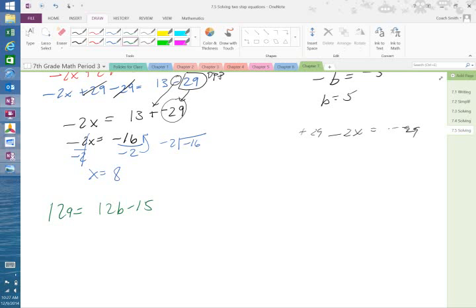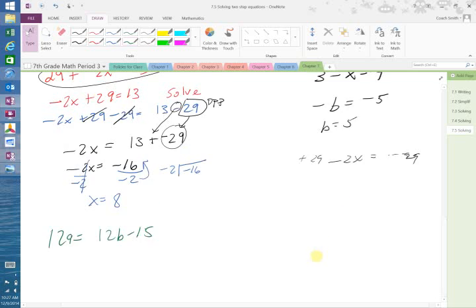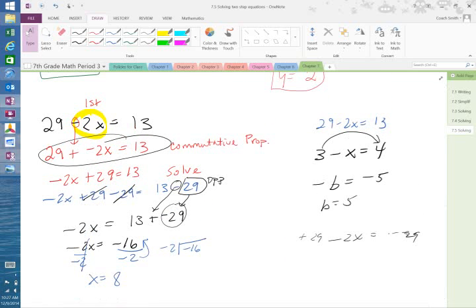Okay, it's only when the variable is listed second, and it's really when it's only listed with the subtraction sign. In other words, if I had this original problem was 29 plus 2x equal 13, you don't really need to do anything there. You can use the commutative property and say 2x plus 29 equal 13. Okay, so those are just two examples.